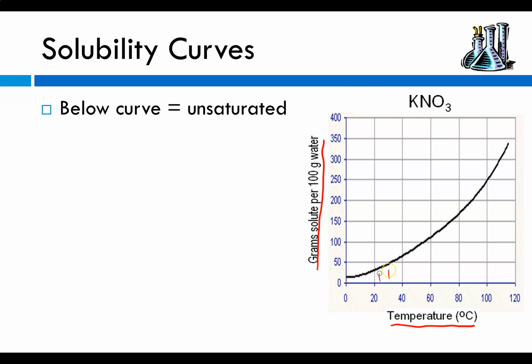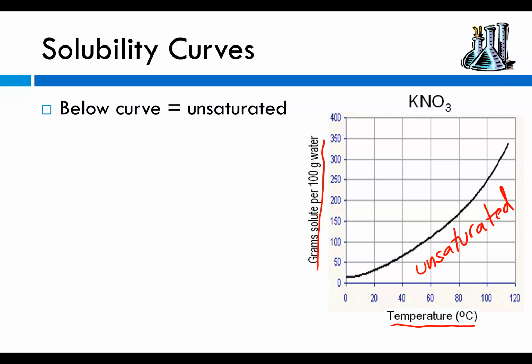If I'm anywhere below the curve, I am unsaturated. Again, unsaturated means the solvent is holding less solute than it can under the given set of conditions.